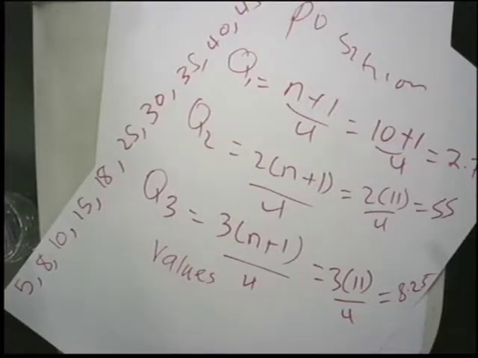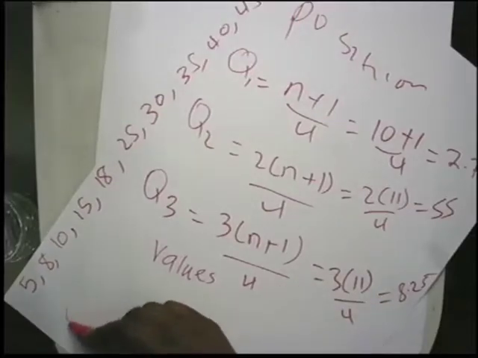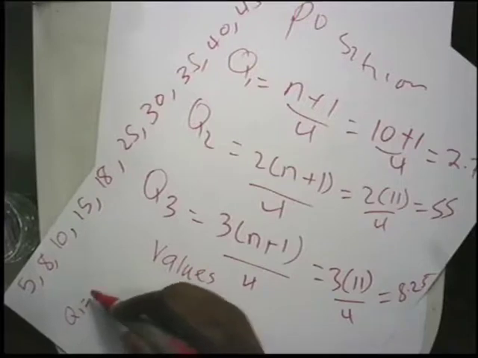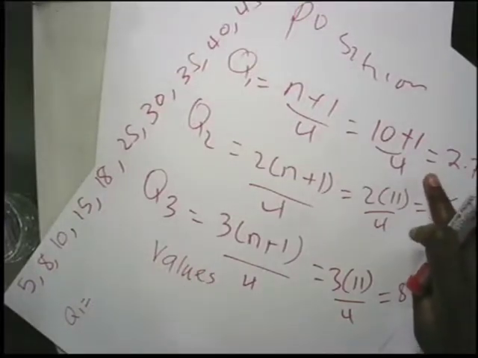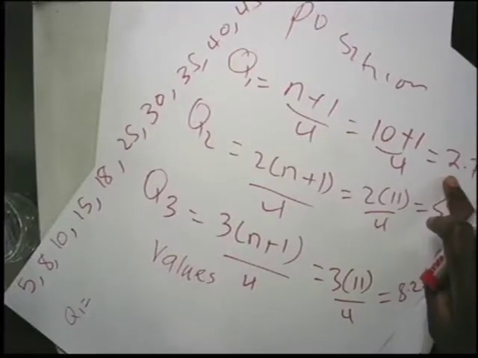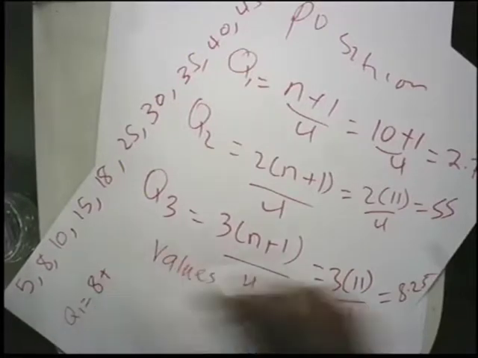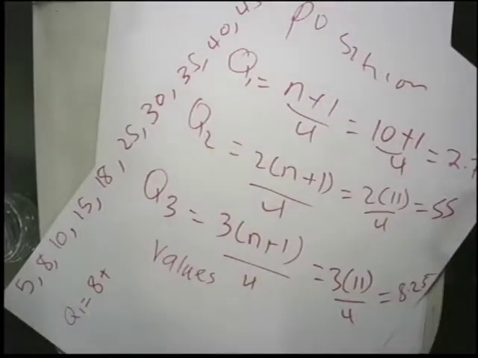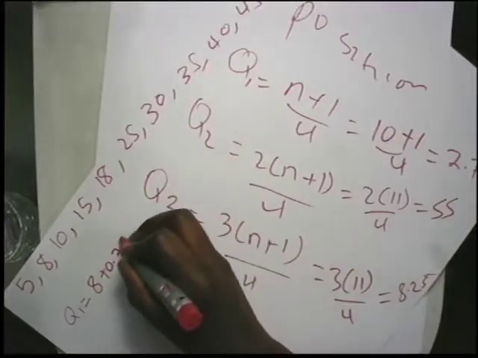Now, for you to find the value, the first thing for quartile 1, we got 2.75, isn't it? We take the value on the second position in the arranged data set, which is 8. We add the decimal part. The decimal part of our answer is 0.75.